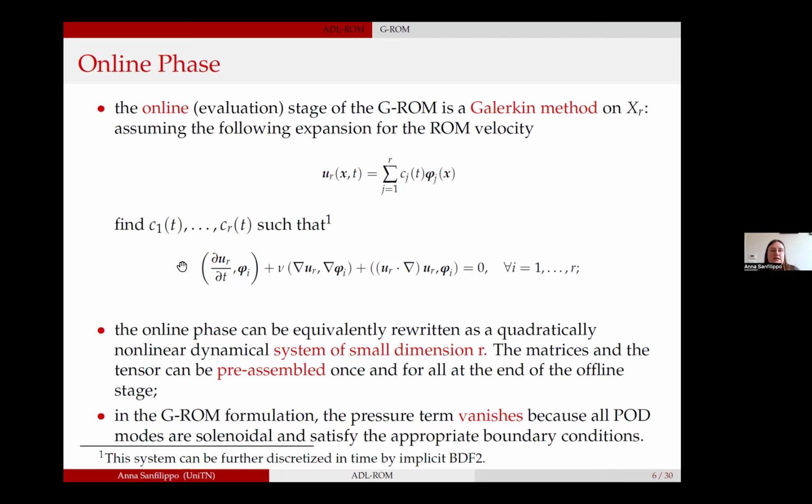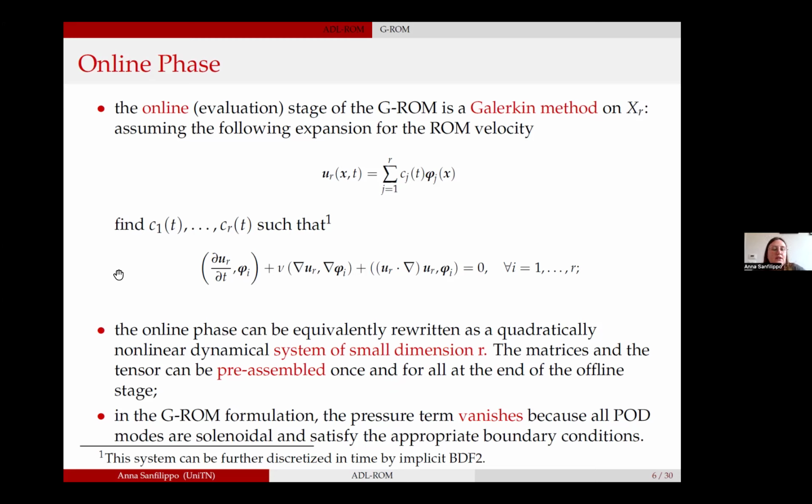There are some cases in which you also want to study the reduced pressure, and so there is a formulation that takes the pressure into account. But in our case, we weren't interested in studying the pressure at all, so we neglected it, and that's it. So we only have the velocity at the reduced level.